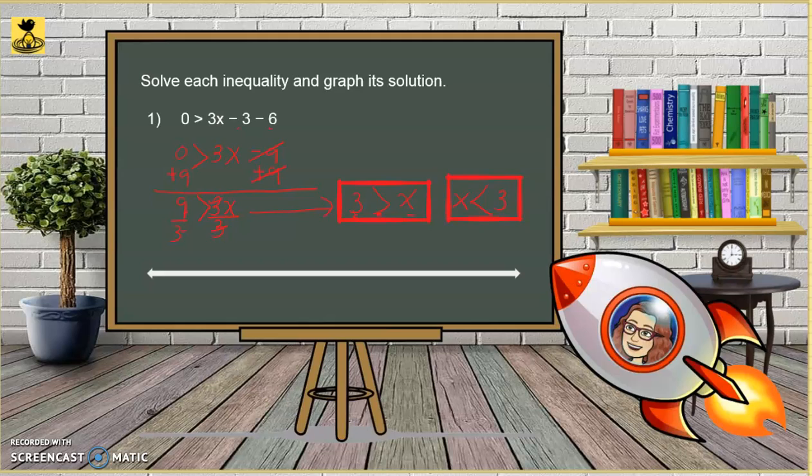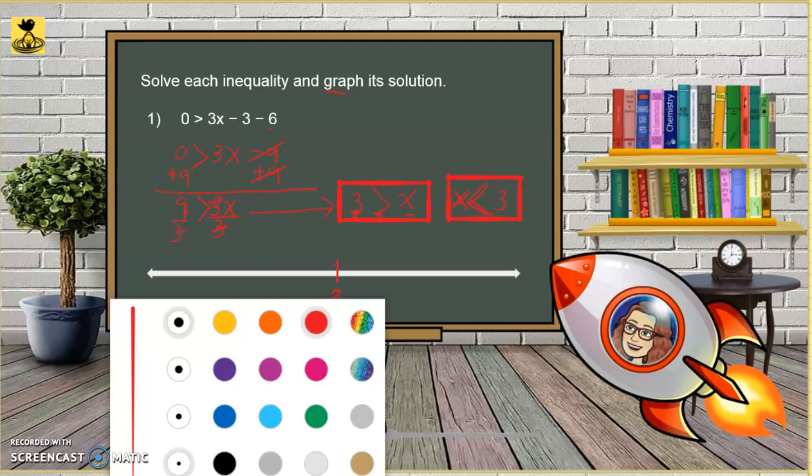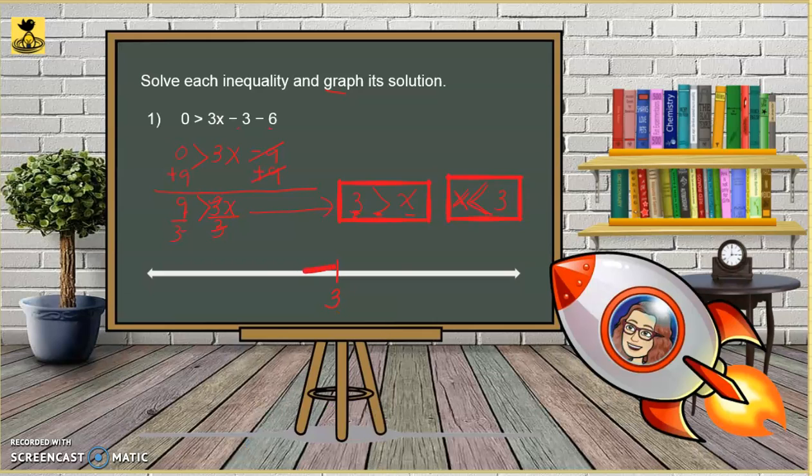To graph our solution, we will simply locate 3 on the number line. So here is my 3. It says that x is less than 3, so less than goes to the right of the number line. I mean left, sorry. It goes to the left of the number line. So we have this graph going to the left.